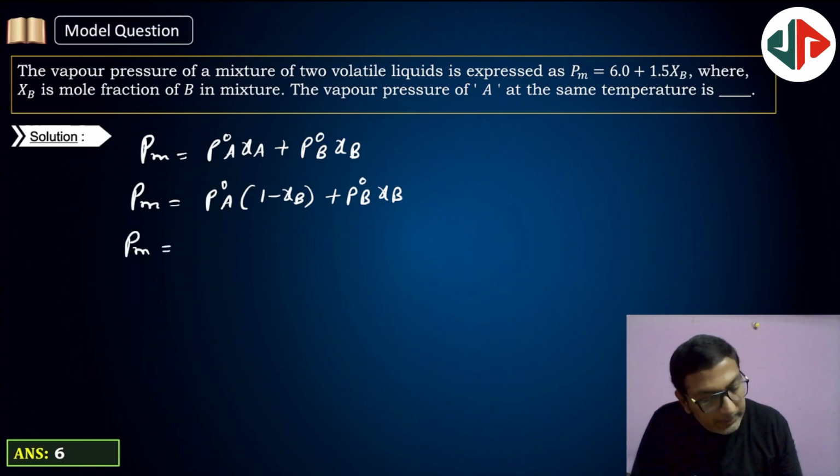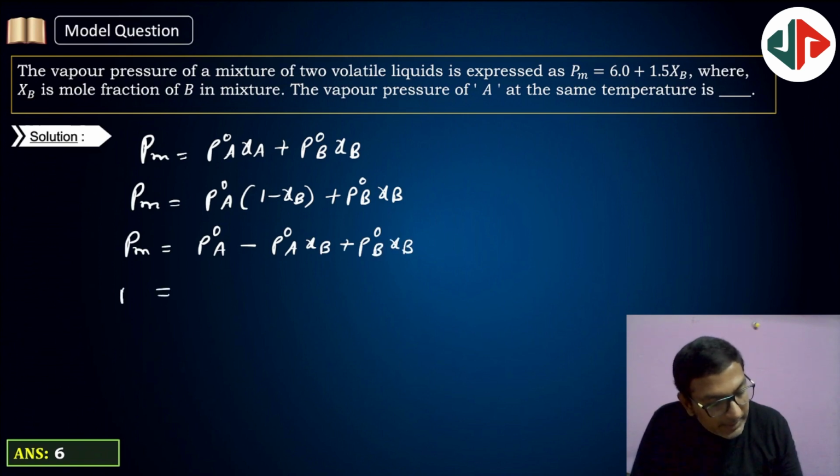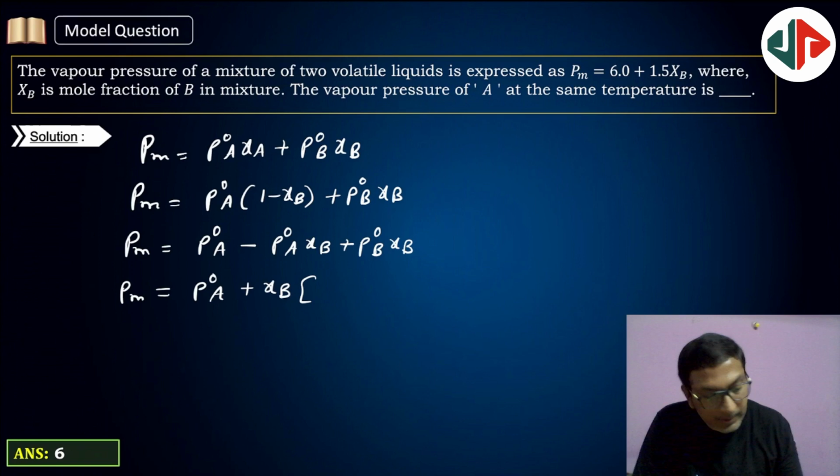Therefore Pm equals P naught A minus P naught A XB plus P naught B XB, which is equal to finally P naught A plus XB common (P naught B minus P naught A). This is the expression.